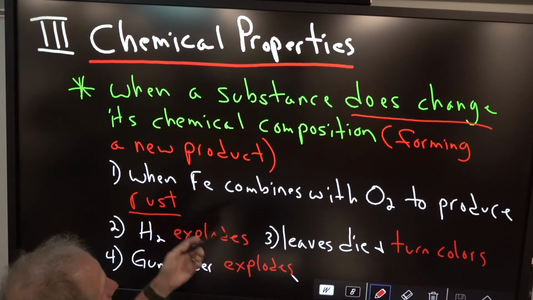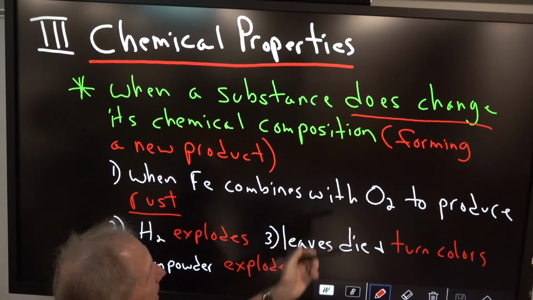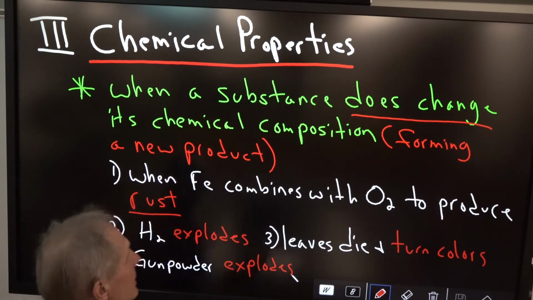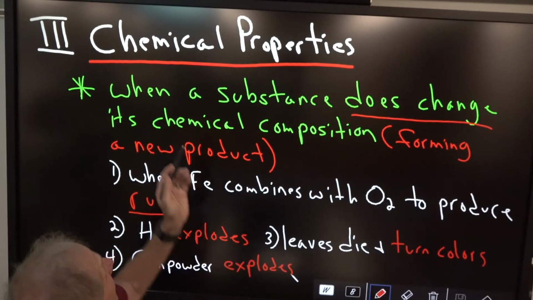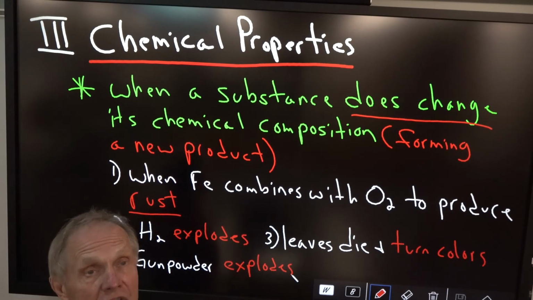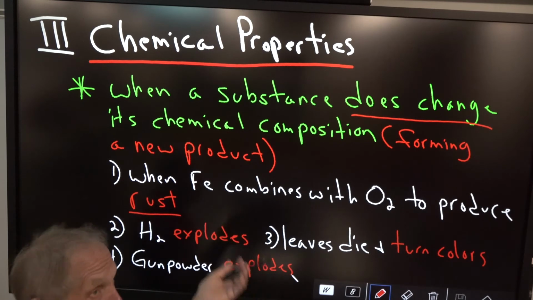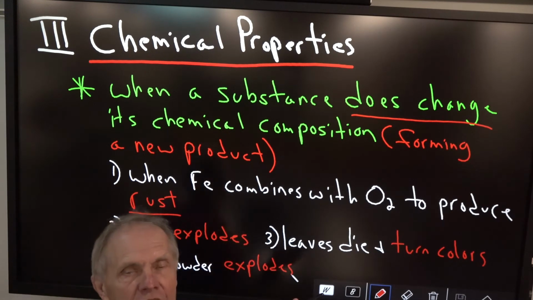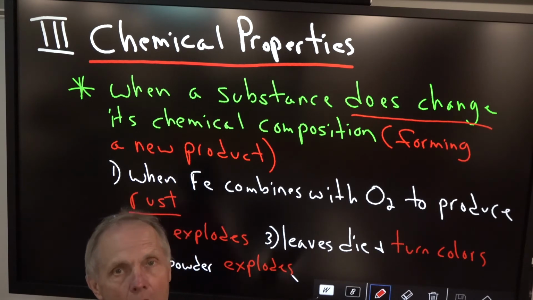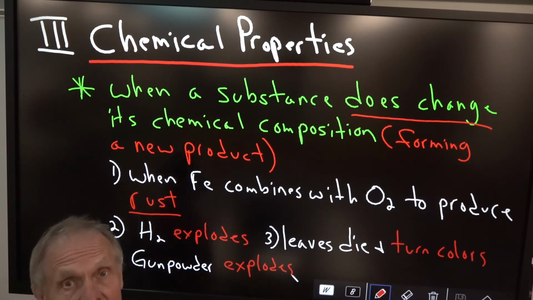The big one is when iron or many other metals come in contact with O2 and moisture, they rust. That is most definitely a chemical property of the substance. Hydrogen gas explodes, that is a chemical property. When leaves turn colors during the fall, that's a chemical property, okay?